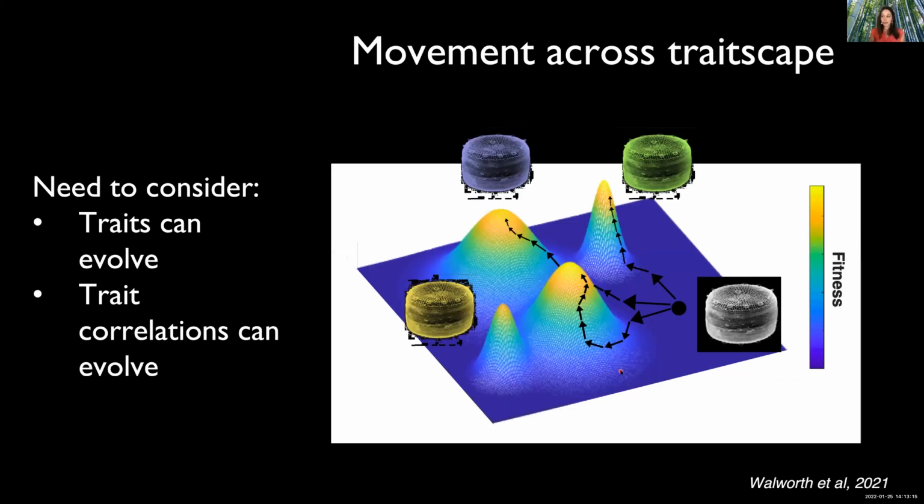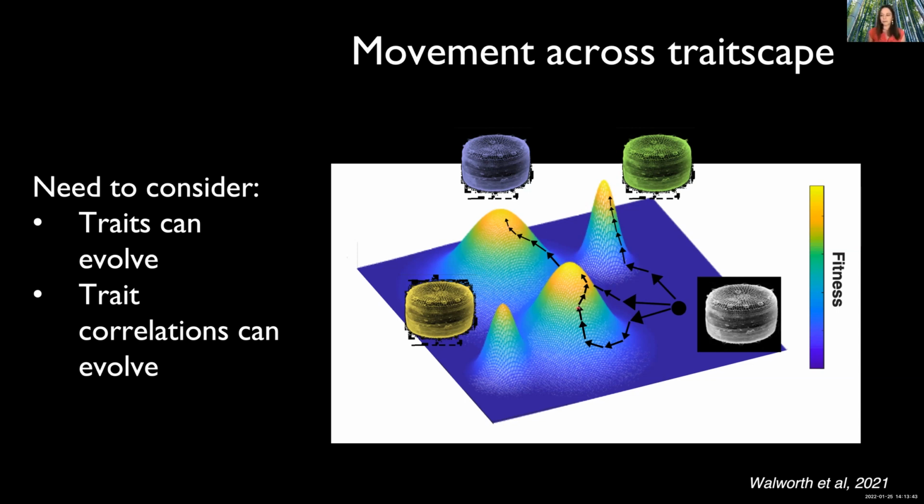So once we have our traitscape, we can start to think about how populations will evolve or move across that trait space. If we plop a population into a new environment, the ancestral population will be fairly maladapted, so it's going to have a low fitness for that environment. And over time, it's going to adapt to the new environment, moving across this landscape to higher ground. So it's going to try to find a fitness peak, as illustrated here.